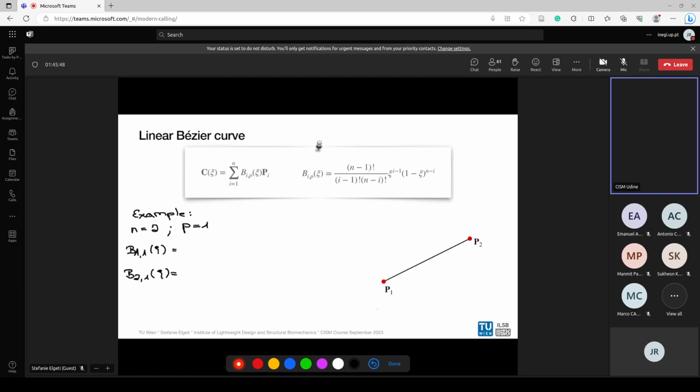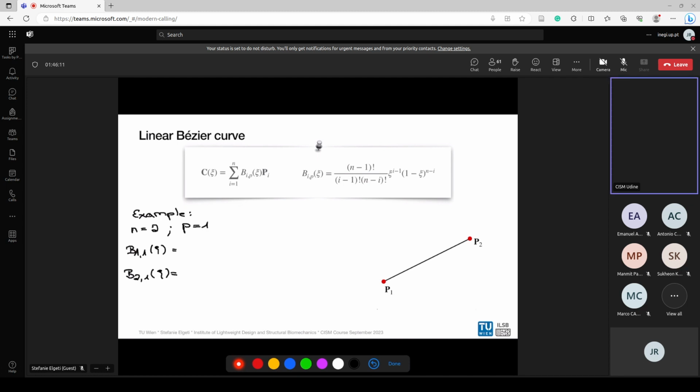The second one is the degree. So it's always 1 in this case. Now we can insert. So n is 2. So we have 2 minus 1 factorial. Here I is equal to 1. So we have 1 minus 1 factorial, and then 2 minus 1 factorial.